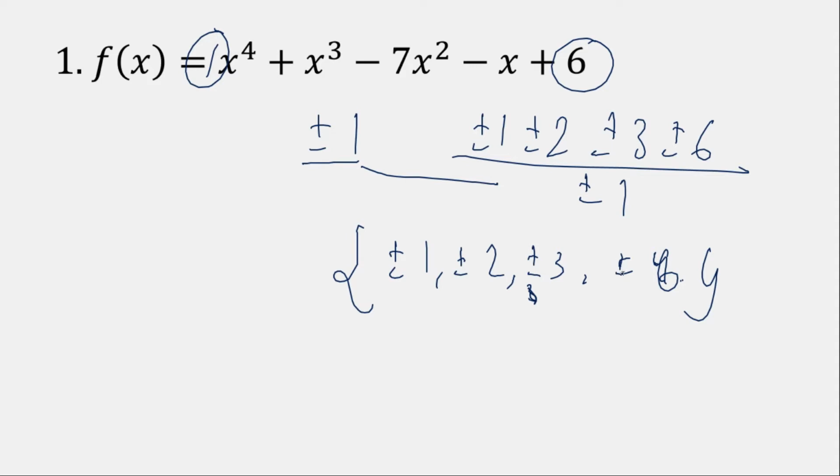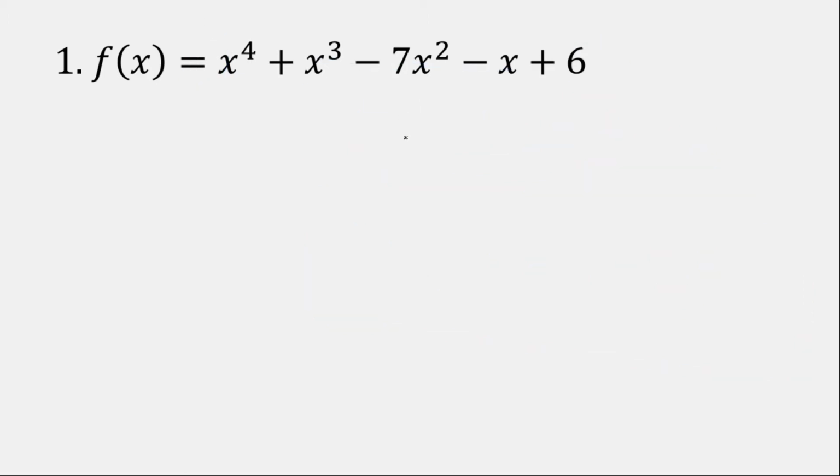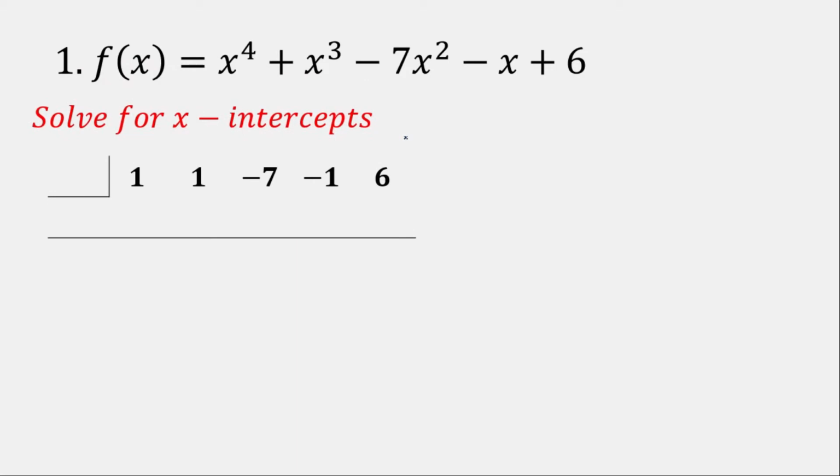So using synthetic division, we will test all these numbers until we get a remainder of 0. And if we have a remainder of 0, therefore the one that we test is a zero of this polynomial function. So let's try. Again, I will just write the coefficients of all the terms: 1, 1, negative 7, negative 1, positive 6.